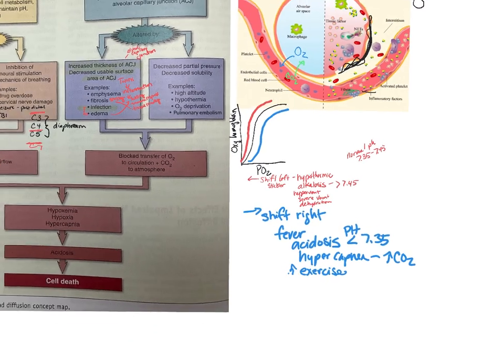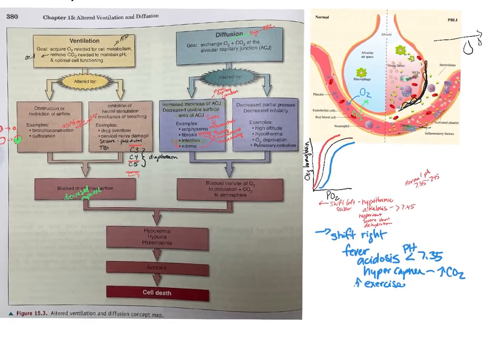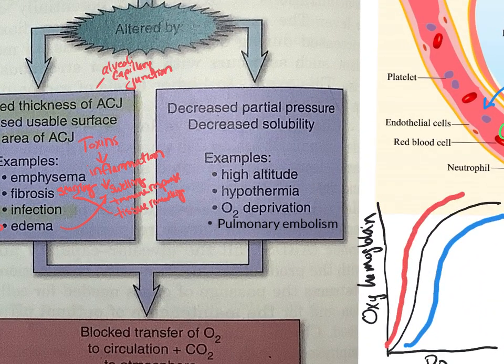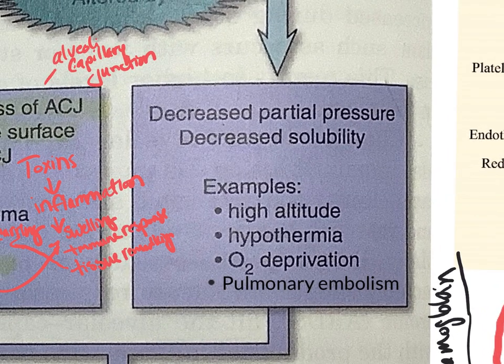Harder uptake, easier letting go, okay? We also see changes with high altitude. And it's not because there's a different amount of oxygen in the air, it's because of the barometric pressure that adjusts how that oxygen is going to move across the alveolar membrane, okay?